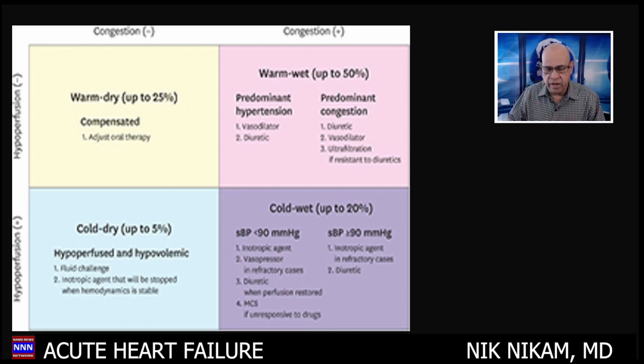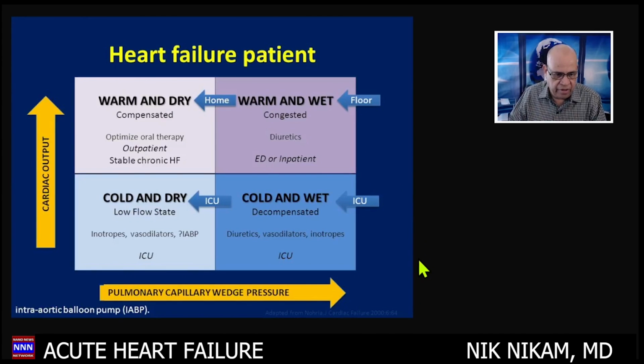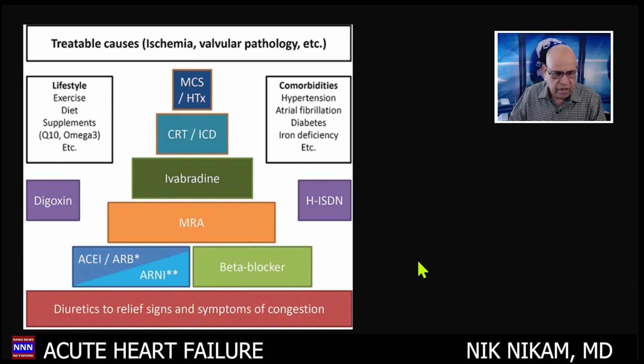And then you can do an echocardiogram and x-rays to determine their function and then decide what needs to be done. Anyway, let's move on here. Obviously, we have all these medications, but just having a list of medications is not going to help us as to what medicines we need to use in a particular patient based upon their profile when they come to the emergency room with acute heart failure.